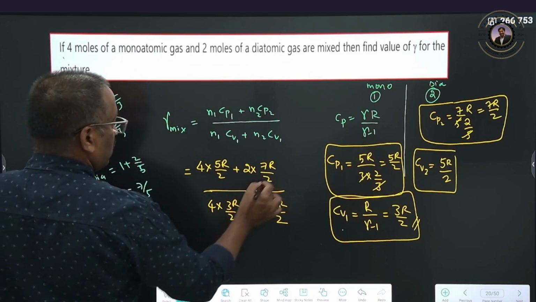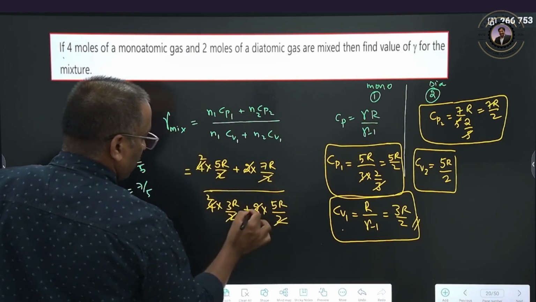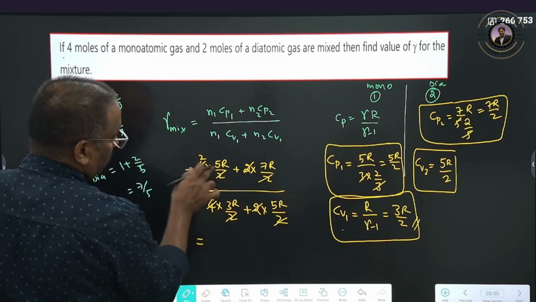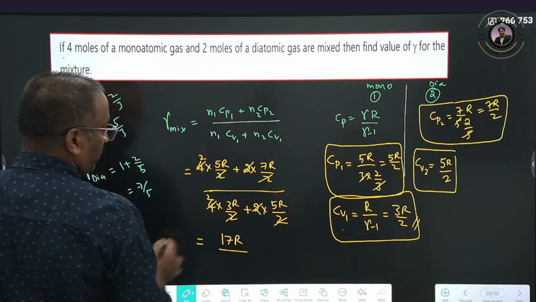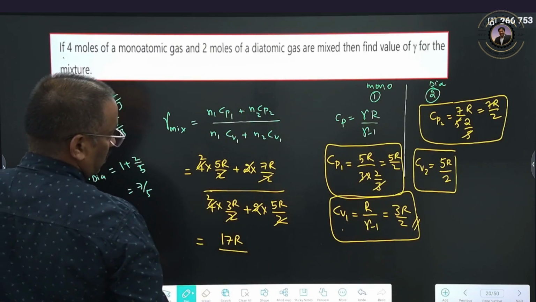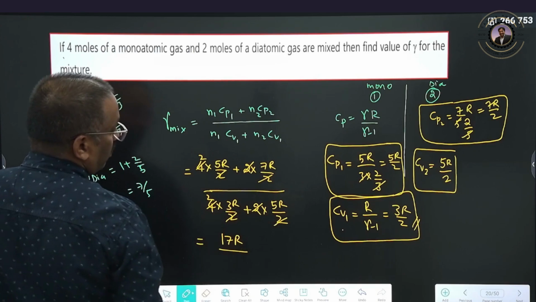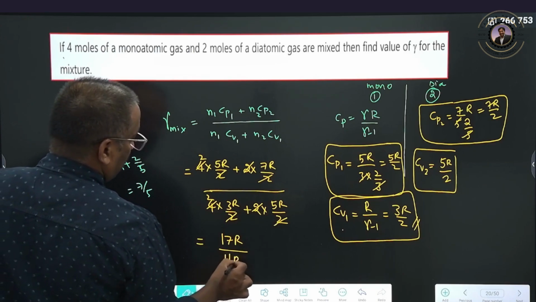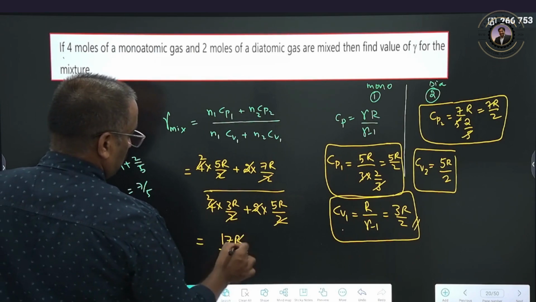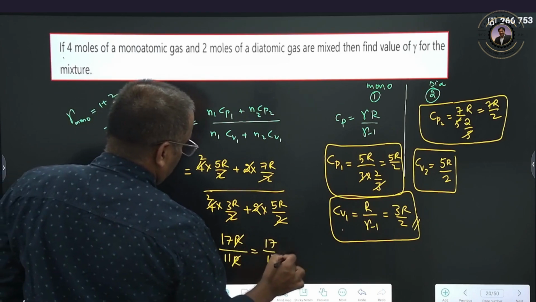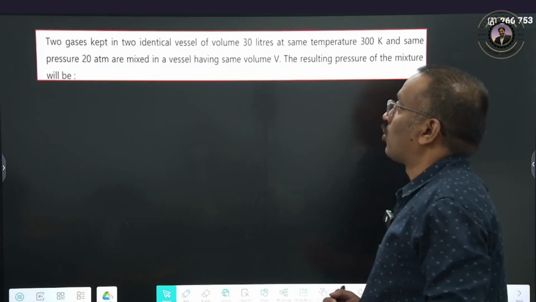These 2s cancel out. So here 5 twos are 10 plus 7, therefore 17R, divided by 6 plus 5, so 11R. So 17 by 11 will be your gamma of the mixture. Right? We'll see this question now.